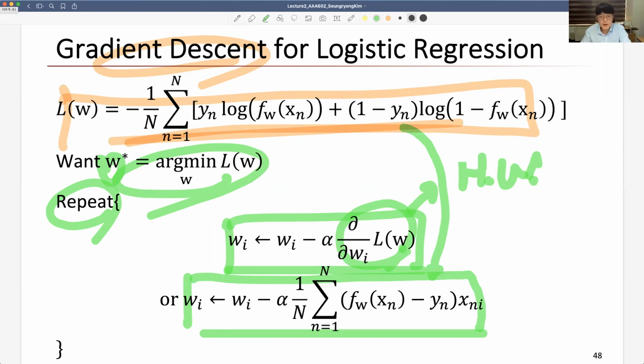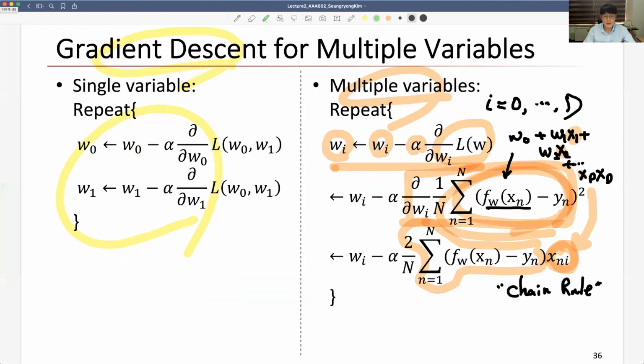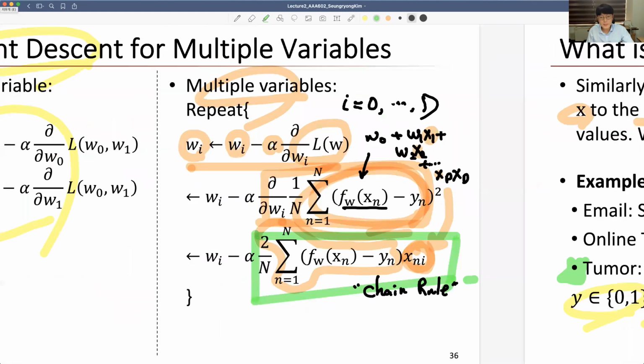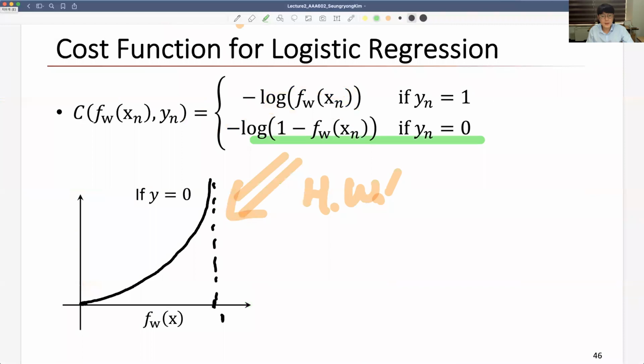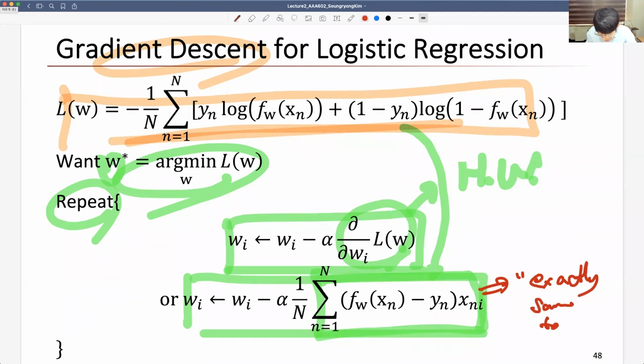If you remember the gradient descent in the multivariable case, let's go back to the previous one. The output of this part is exactly the same, and this part is exactly the same as in the regression problem, right?